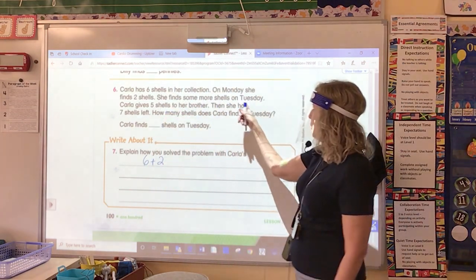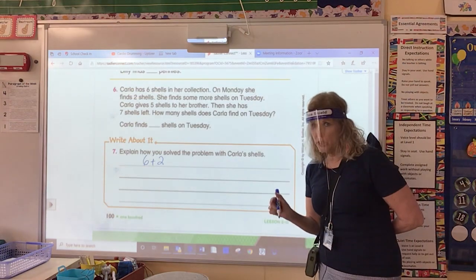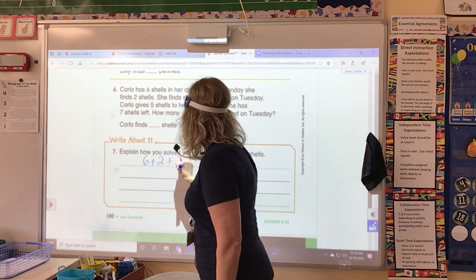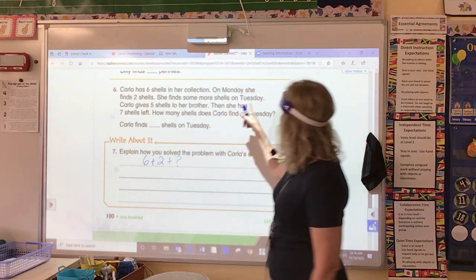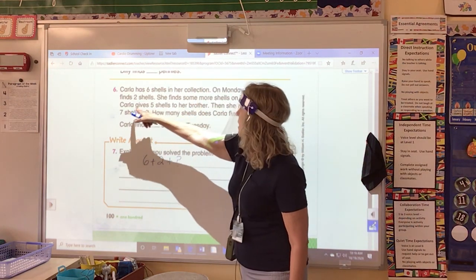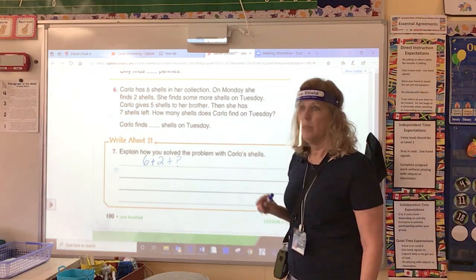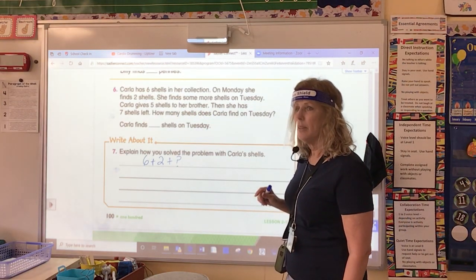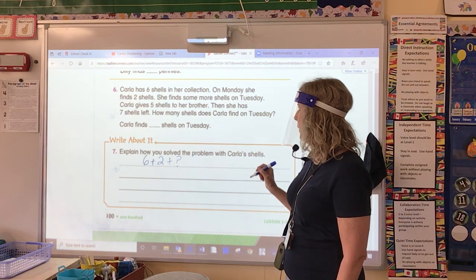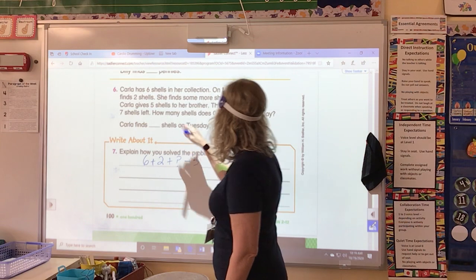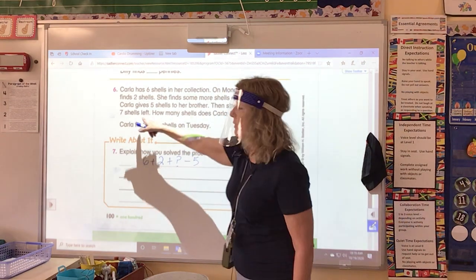She finds some more shells on Tuesday. What am I gonna do, Corey? Plus question mark. Now, she gives 5 shells to her brother. What am I gonna do, Diego? Minus 5, good job. Then she has 7 shells left.